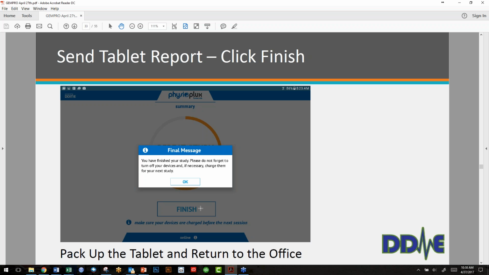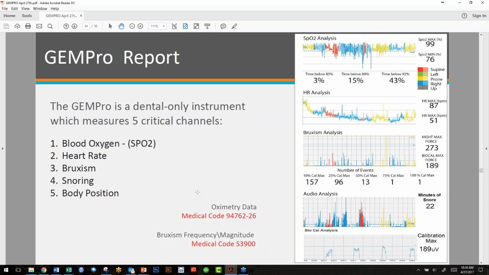Then you click Finish. After the PDF report study is sent via email to you, you get a little screen that says, okay, you finished, click OK, and the patient's done. They pack everything up, or wait for the next day.